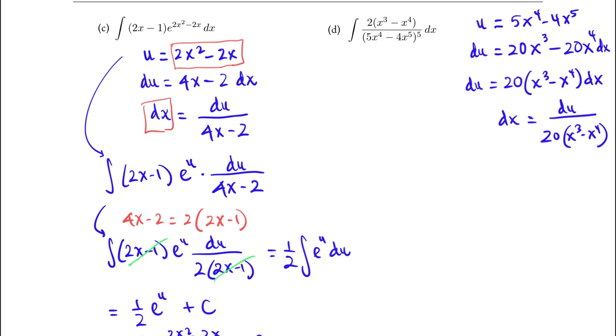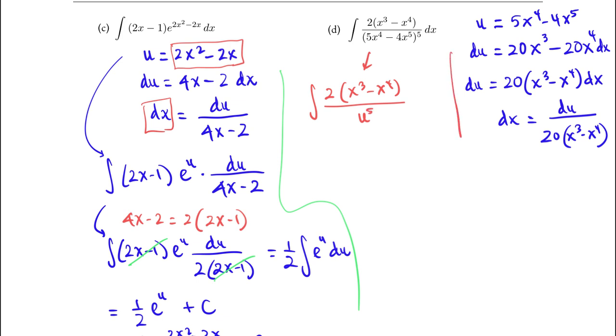We will rewrite the given integral in terms of u only. The integral 2 times (x cubed minus x to the fourth) over (5x to the fourth minus 4x to the fifth) is now u, and then it is being raised to the fifth power.